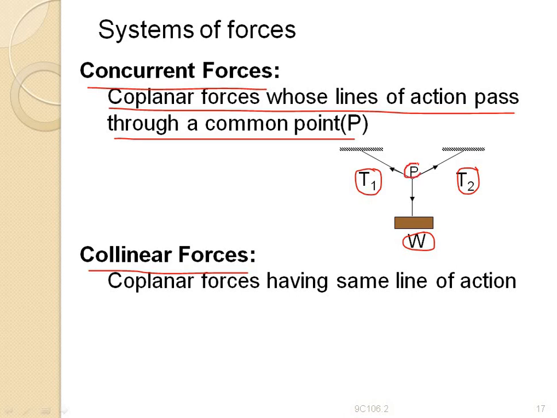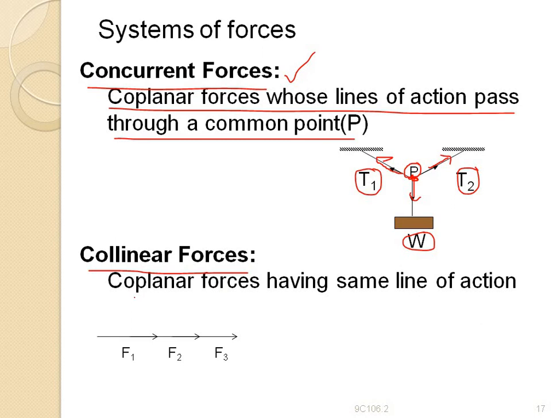P is the point where the forces are distributed, one going to T1, another going to T2, and one force going downwards, W. When these three forces are acting in the same plane at a common point P, they are termed as concurrent forces. These forces are acting at one point, the center point P.